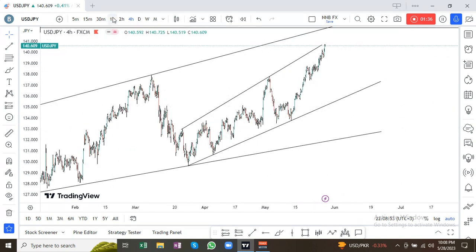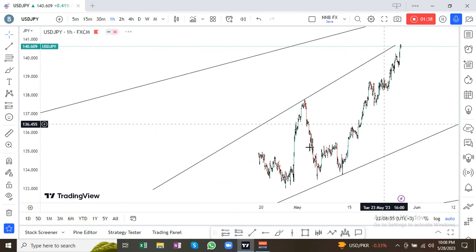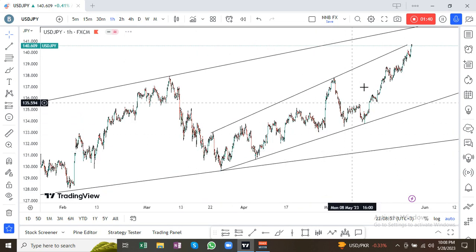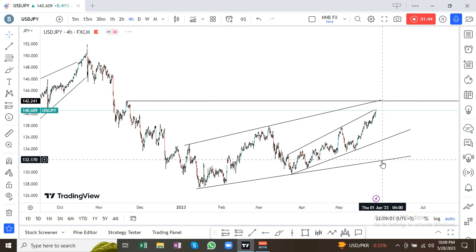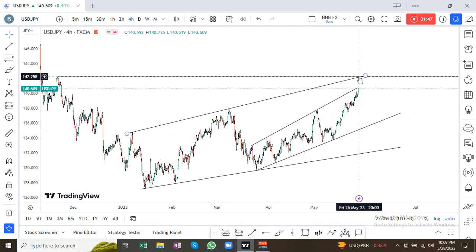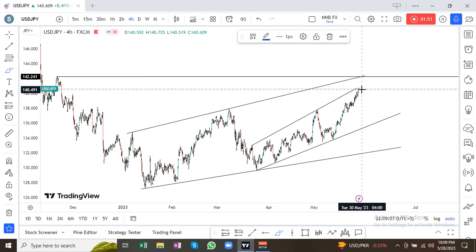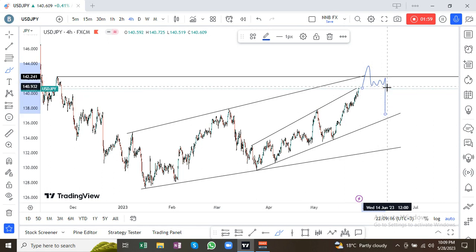If we go down to the 1 hour time frame, we can see that it's forming another structure. So next week I'm expecting the market to come here to the third touch. If it gets there impulsively, I'll wait for the market to impulse back down and form a continuation, and then I'll enter on the break of that continuation structure.